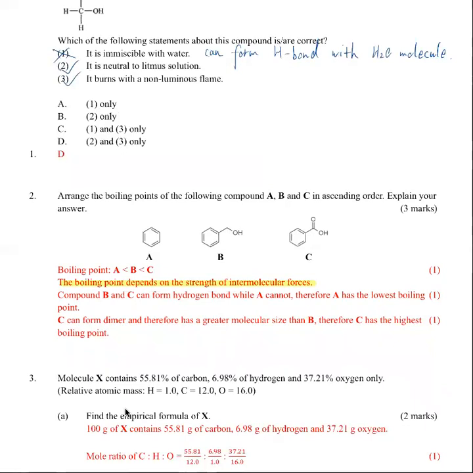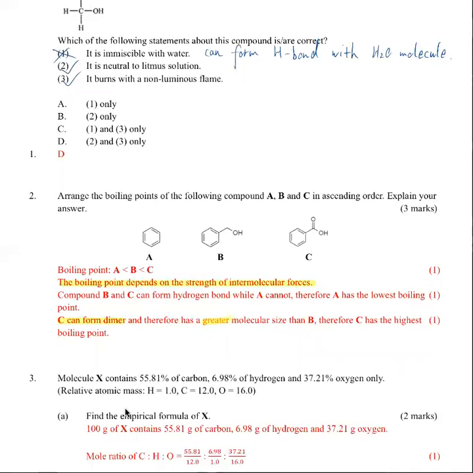Then you will mention A would not be able to form hydrogen bonds, or A can only form weak van der Waals forces. Hence, that's the lowest. And then you compare B and C. B and C can both form hydrogen bonds, but C, because it's a carboxylic acid, can form a dimer.